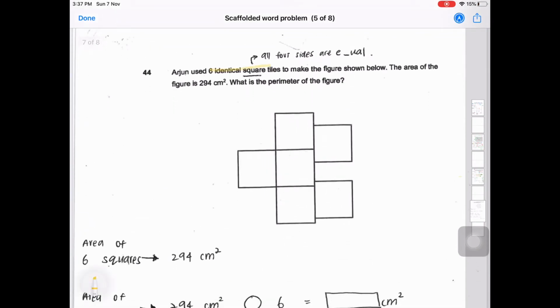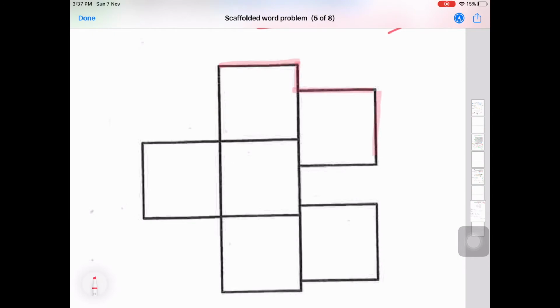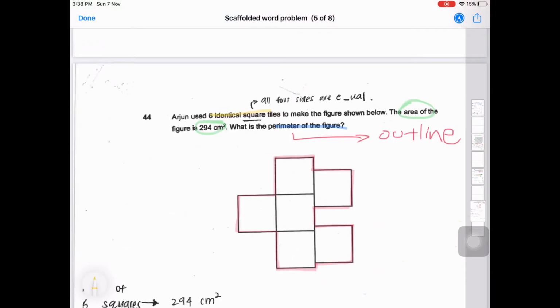Identical squares to make the figure below. Area of the figure is 294 square centimeters. We want to find the perimeter, which means the outline of the figure. It means that a square has 4 equal sides.